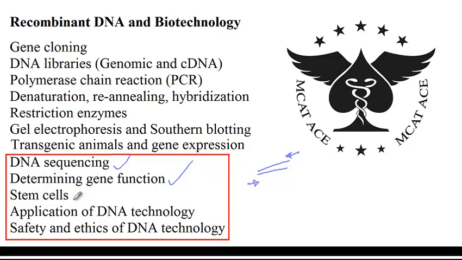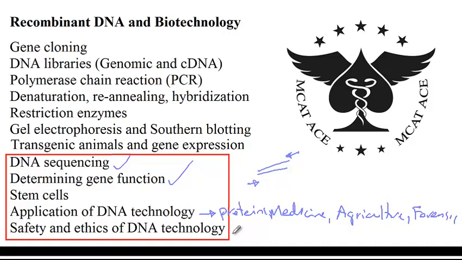We've discussed the stem cells, the difference between totipotent, pluripotent, and multipotent stem cells. We've discussed the application of DNA technology, how it can be used for production of different proteins, and how it can be used in medicine, agriculture, and for forensic evidence. And then finally, we've discussed the safety and ethics of application of DNA technology.